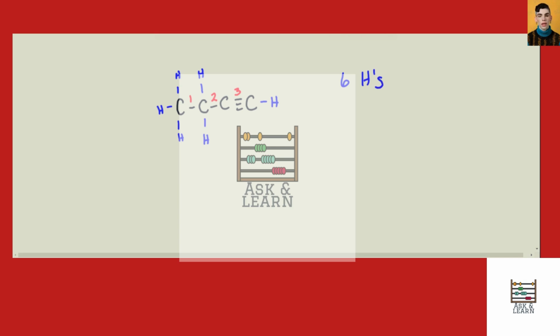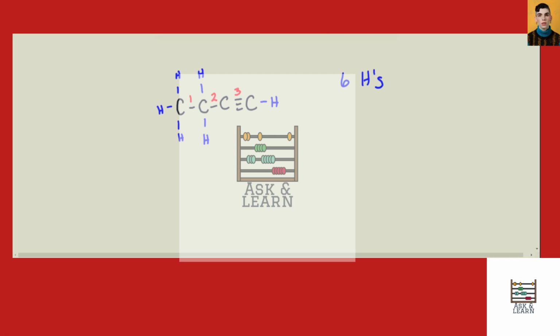Next wants us to rank this from shortest to longest. The more bonds you have between atoms, the shorter your bond is. So a single bond is going to be longer than a double bond, which is longer in turn than a triple bond.